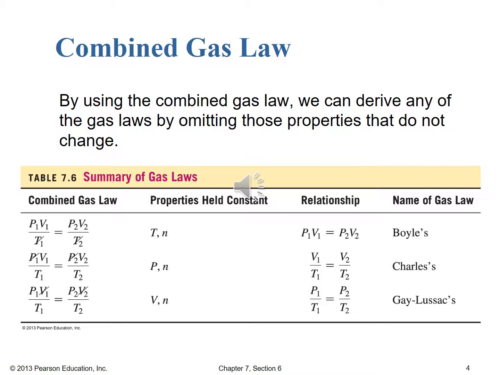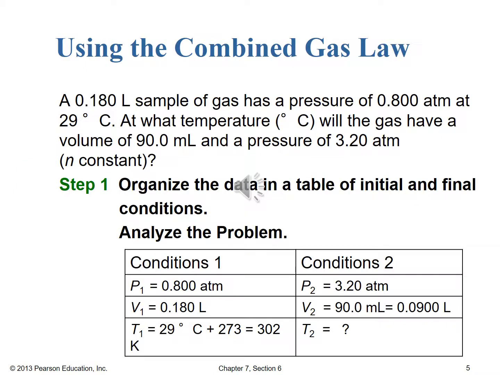And if we hold V constant as well as N, of course, we have Gay-Lussac's law. So we use the three laws combined to get this combined gas law, and we can regenerate any of them by holding one of those properties constant as well as holding N constant, as we've done always up to this point in our chapter. Let's go ahead now and practice using the combined gas law.